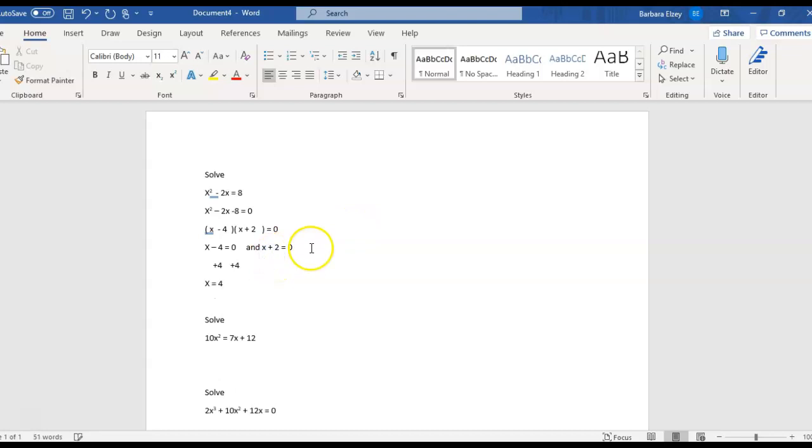And over here, if we subtract 2 on both sides of this linear equation, this one is going to give us x equals negative 2.